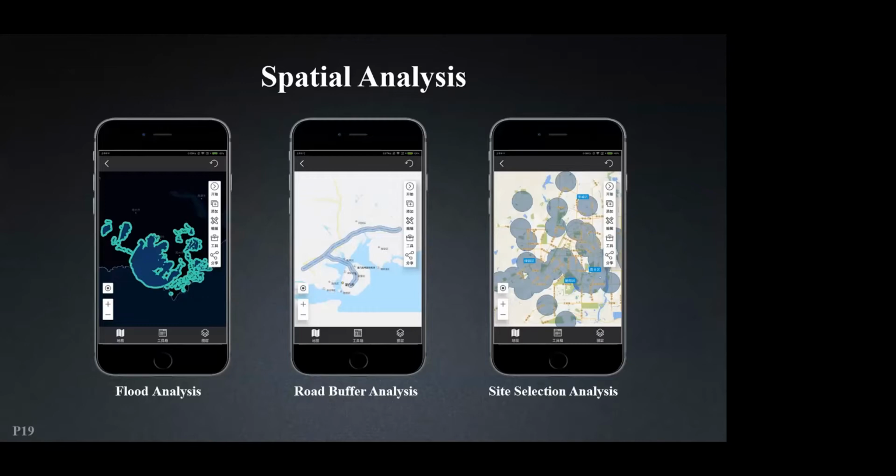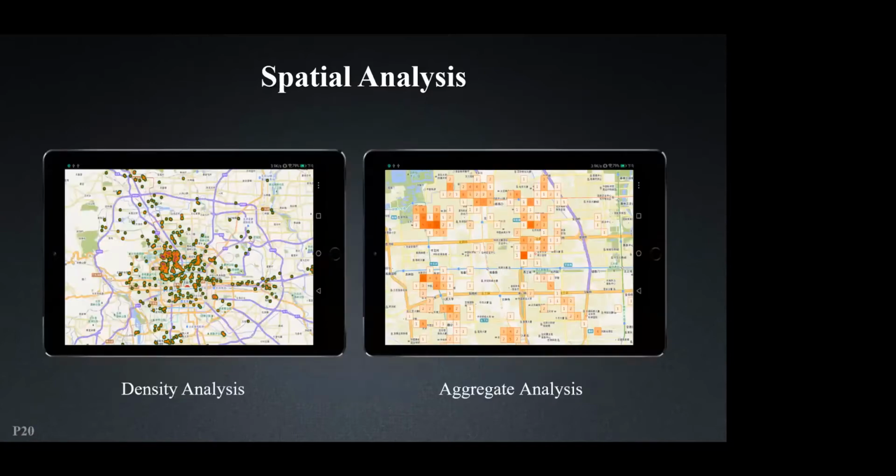Most of the GIS spatial analysis can be achieved on the mobile with the SuperMap template, and with distributed data analysis, you can also do big data analysis, like density analysis and aggregation analysis on the mobile terminal. So you can view the big data results on the mobile terminal in real time.